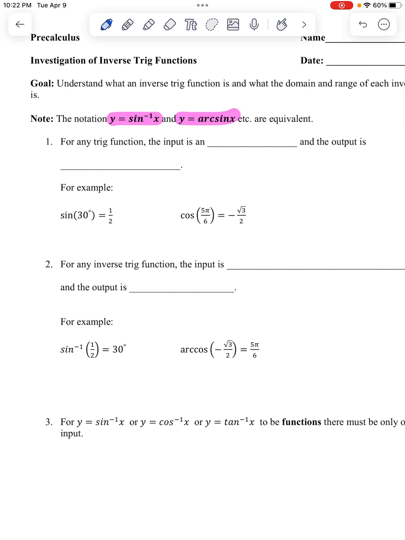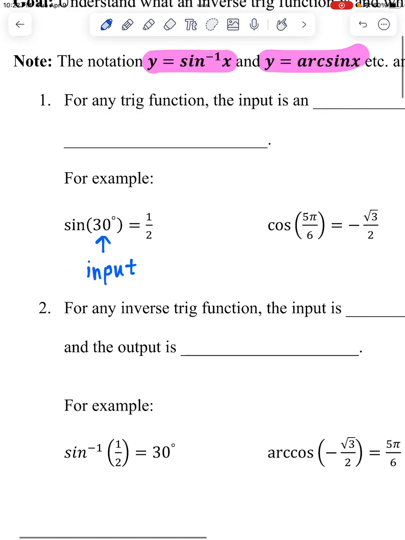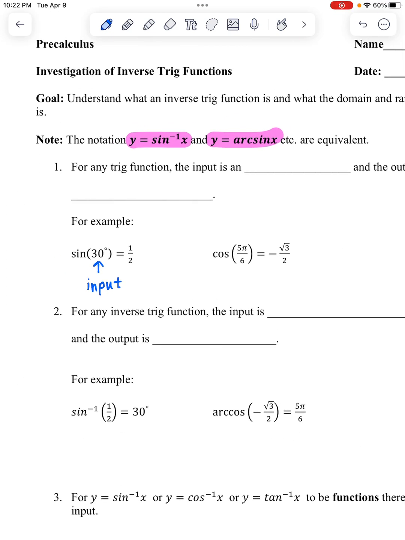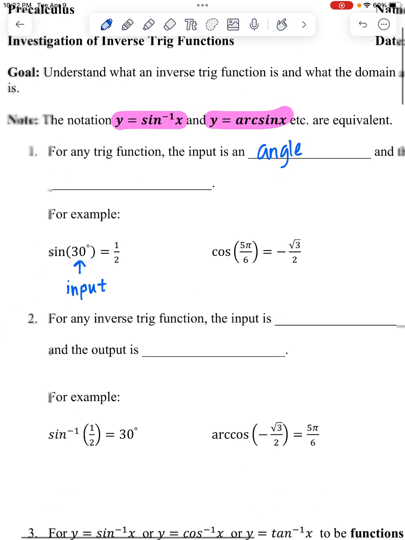So for any trig function, the input, so what goes into the trig function, like for example here, the input is an angle. So for example here, the input is 30 degrees, and here the input is 5 pi over 6. These are both angles.